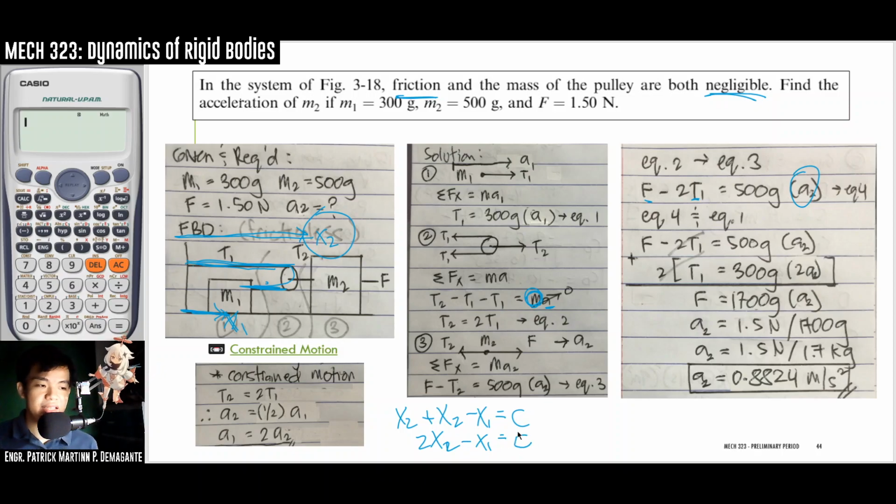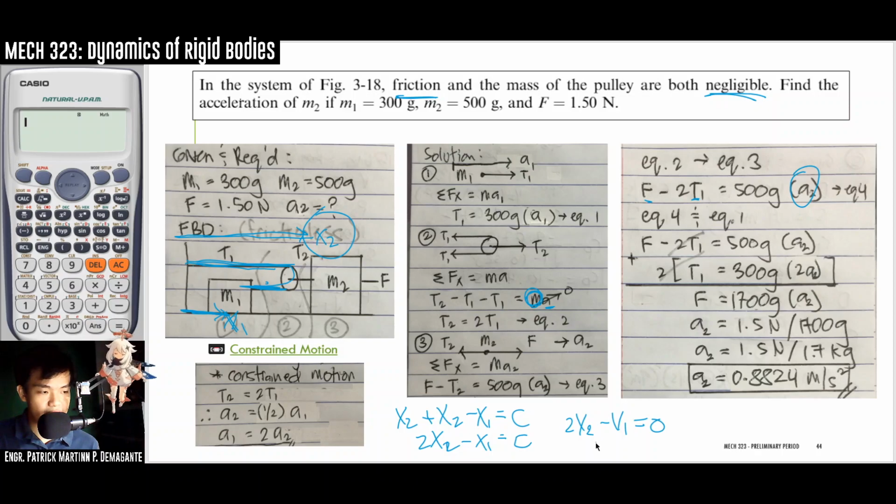Anong ginawa natin dati? Nung pag in-integrate natin siya, differentiate natin yung length natin or magiging velocity siya. So, makakuha na tayo ng 2v1, 2v2 minus v1 is equal to 0.